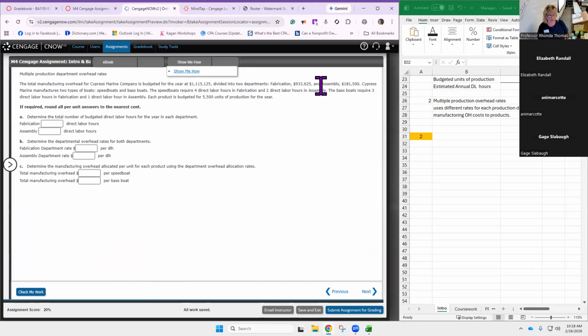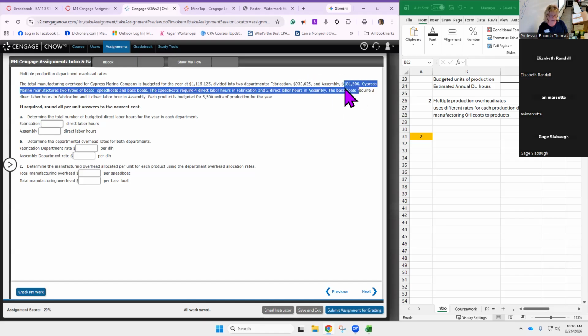And then we have the assembly department, and this is how much overhead goes with that. Now, they've determined that for us because we don't know anything about that. But notice this is not divided up equally, right? And a person might want to see that that plus that truly does equal the total.